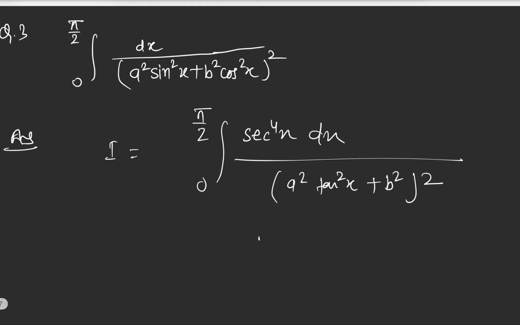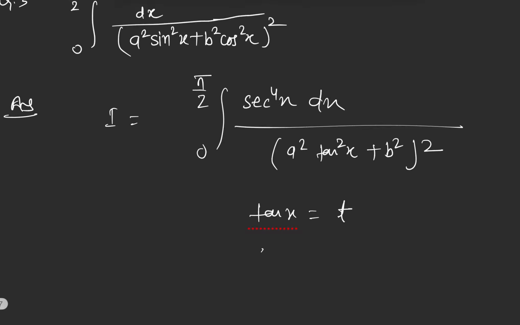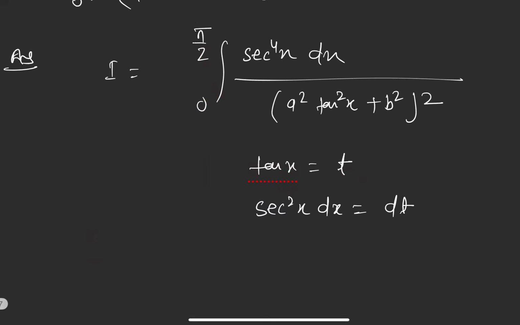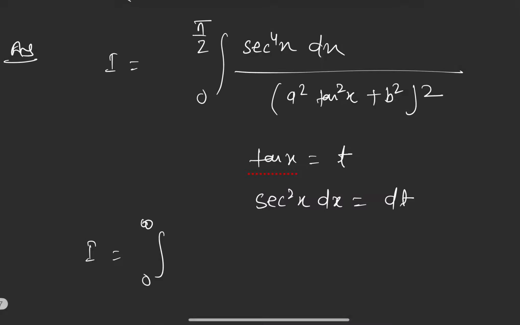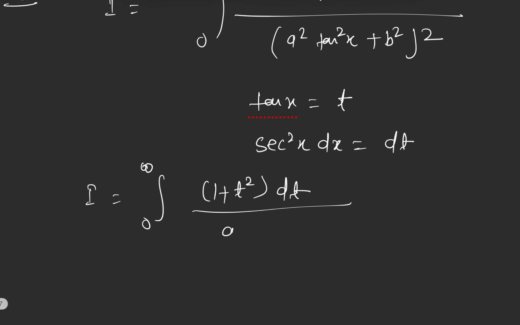Now I am considering tan x as t. So if you consider tan x as t, sec square x dx will be dt. When tan x is t, tan 0 is 0 and tan pi by 2 is infinite, so the limit will be 0 to infinity. So 0 to infinity, sec square x dx is dt, and one more sec square x I can write as 1 plus tan square x, which is 1 plus t square, dt by (a square t square plus b square) whole square.